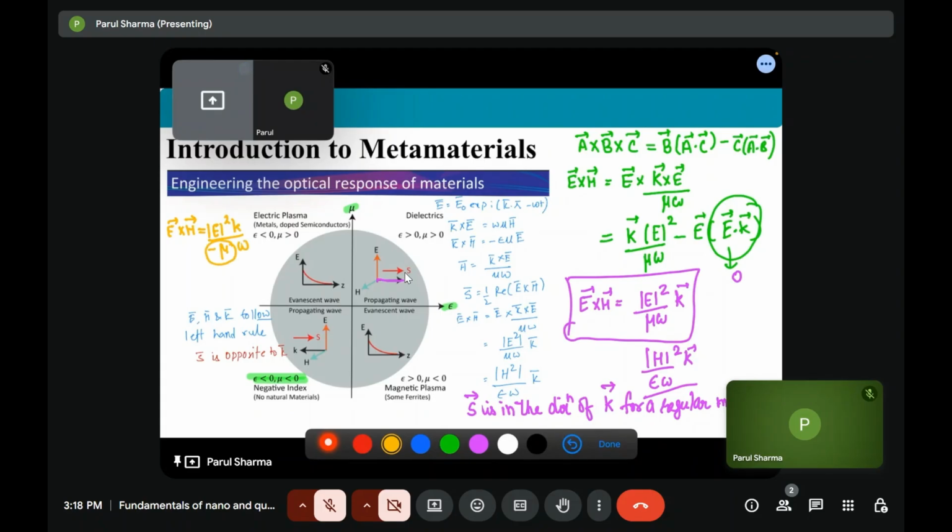So now S is in the opposite direction. You saw that K is in this direction, but S is in this direction. So now E, H, and K follow the left hand rule. So these materials are also called left handed.